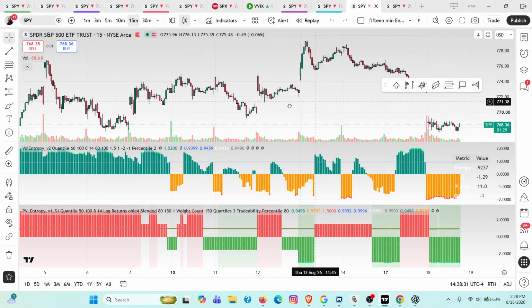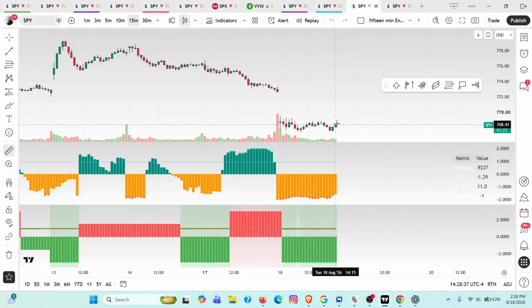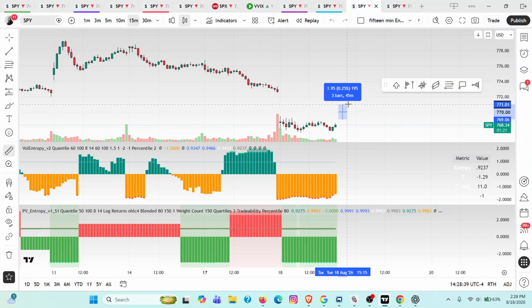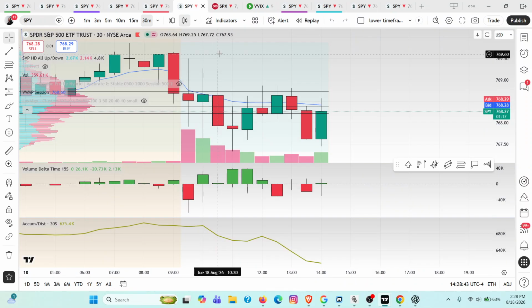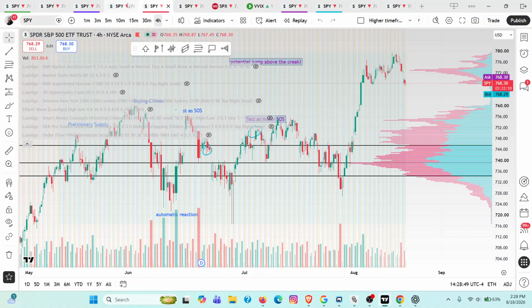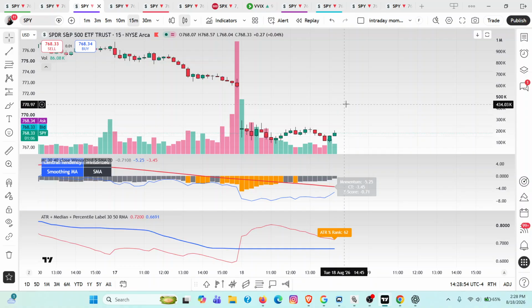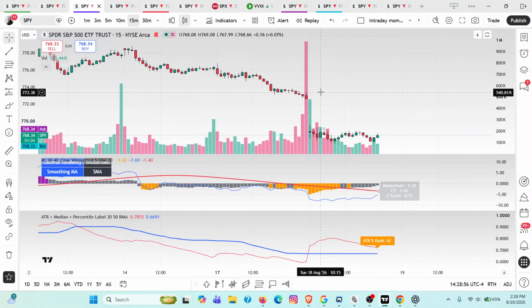So again, in order for that to occur, we know the entropy needs to be low, so the composite operator can accumulate. So if that can occur, the momentum flips, we close above here, you want to look for longs, and that's what I'll be doing. I'll look for momentum to flip positive.